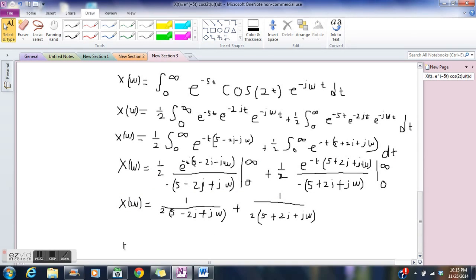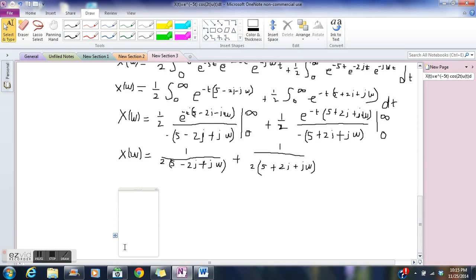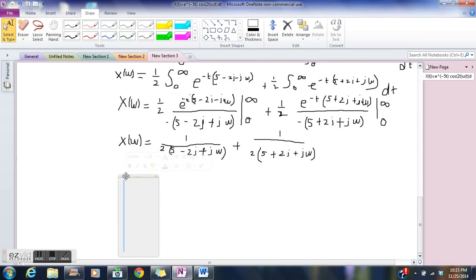So now what I'm doing is showing you how you can evaluate this exact same equation by using the tables and the properties going from the time domain straight to the frequency domain.